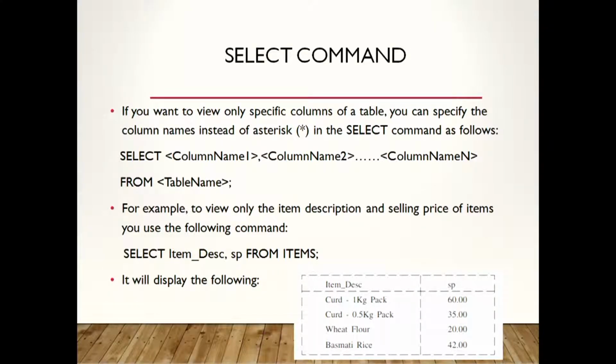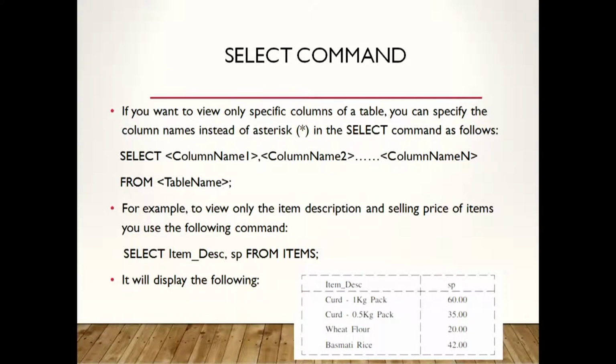If you want to view only specific columns of a table, you can specify the column names instead of the asterisk or the star which we used previously in the select command, as follows. So select, and then you have to specify the columns: column name 1, column name 2, whichever columns you want, from table name.